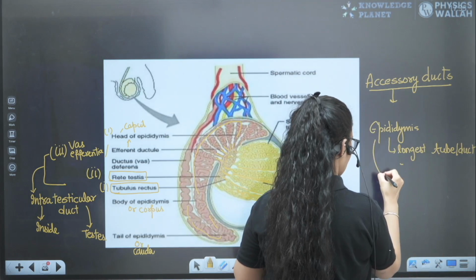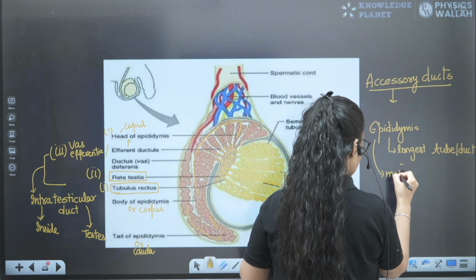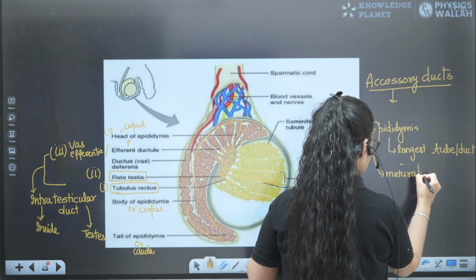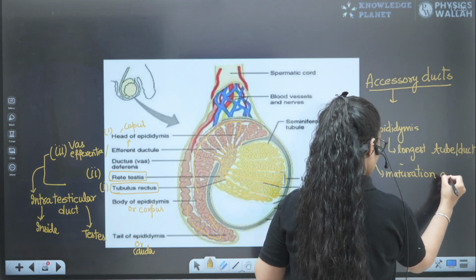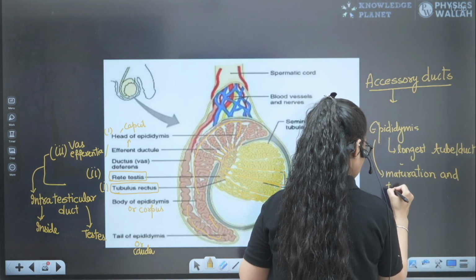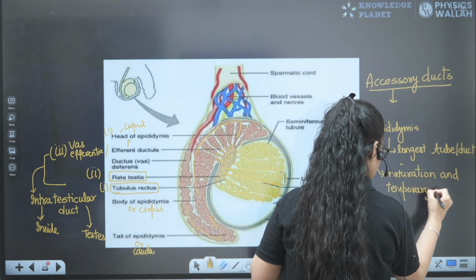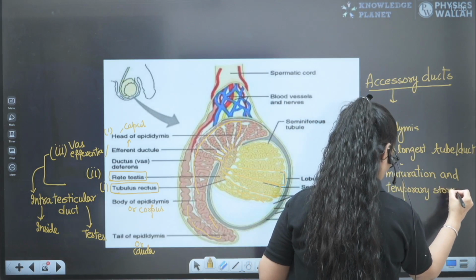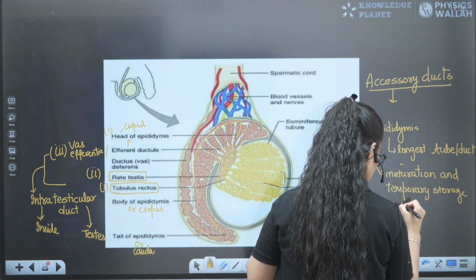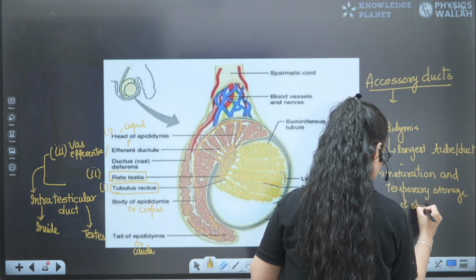The epididymis helps in the maturation and temporary storage of sperm. So maturation and temporary storage of sperm happen here. This is its function.